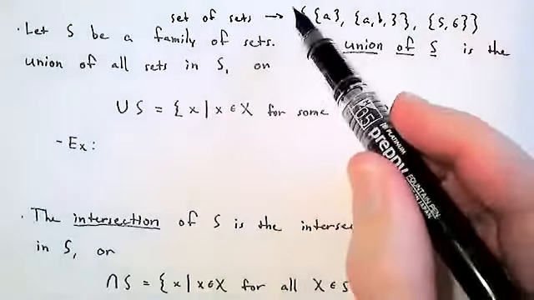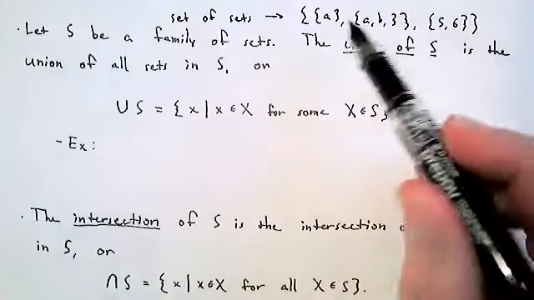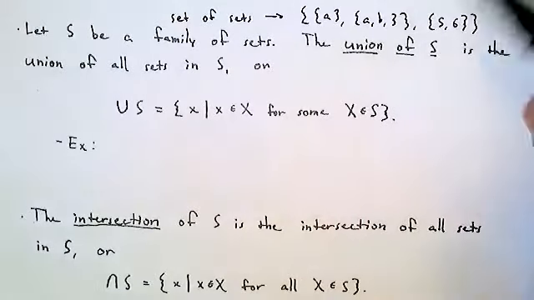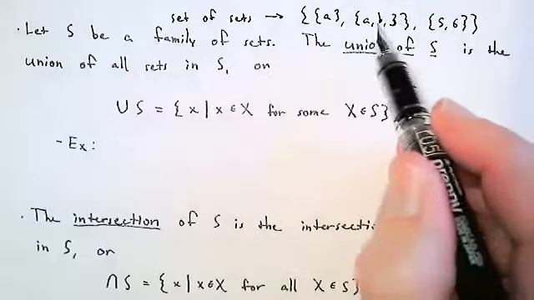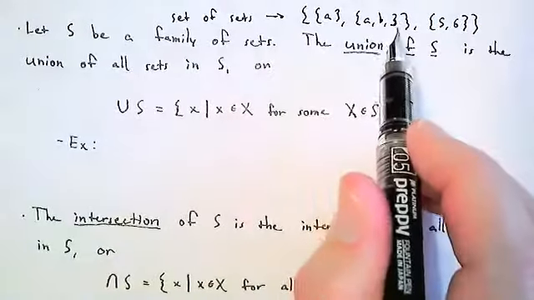Okay. So this is a big set with little sets inside of it. And you can have anything inside of your set. So like this middle one mixes up letters and numbers.